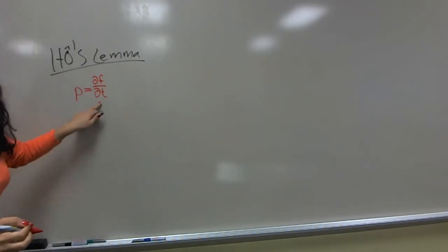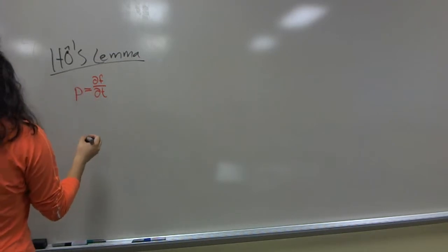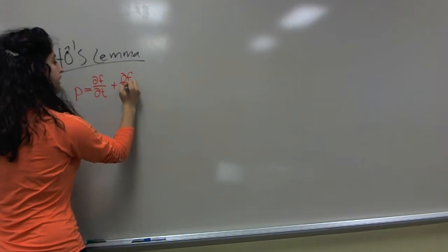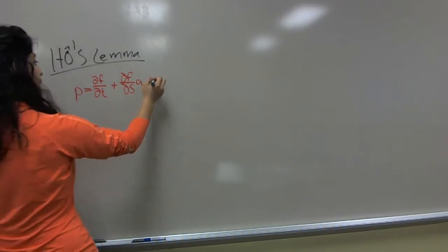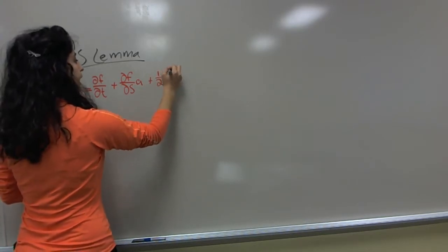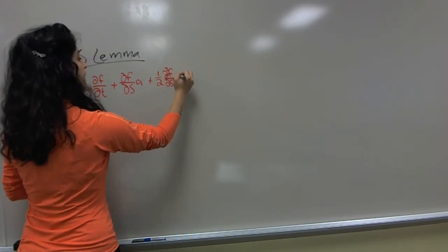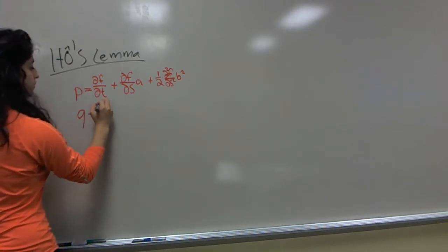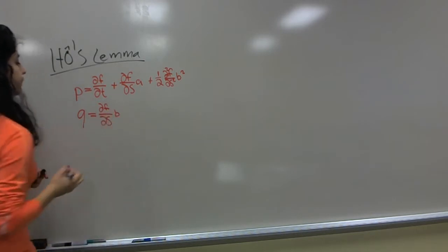Del is the Greek letter that represents partial derivatives. And Q is equal to ∂F/∂S times B.